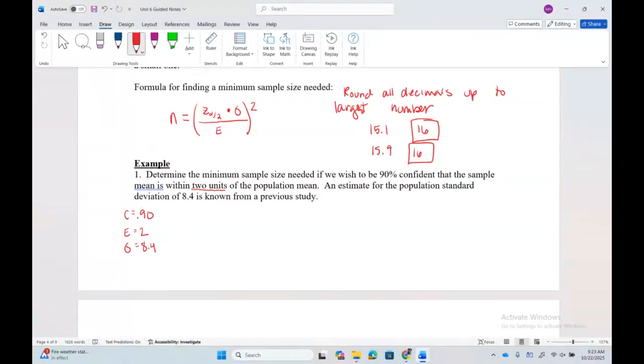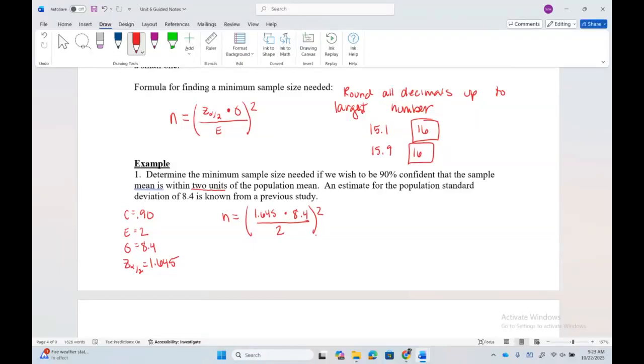All right, if C is 0.90, then using the table, my critical z-score is 1.645. All right, so N equals 1.645 times 8.4. That's going to be divided by 2 and raised to the second power.